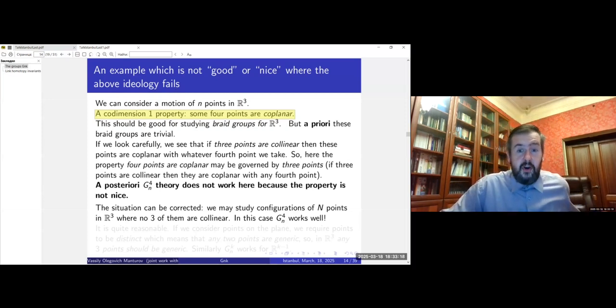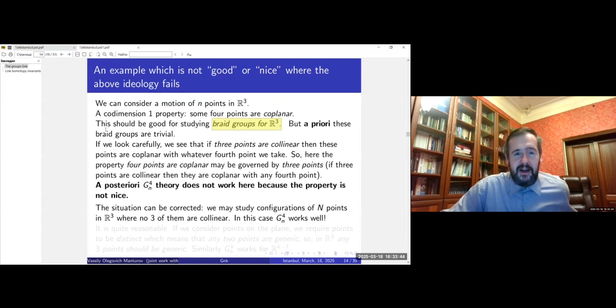usual braids. So then this approach should somehow give us a homomorphism from braids in R3 to GN4. But you see, there are no braids in R3. There are only permutations.